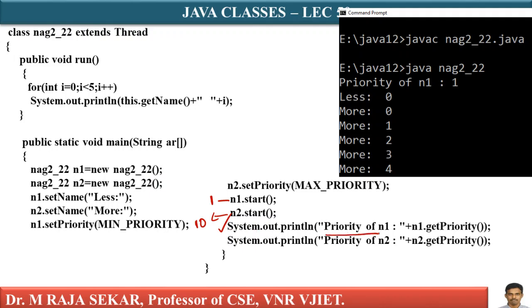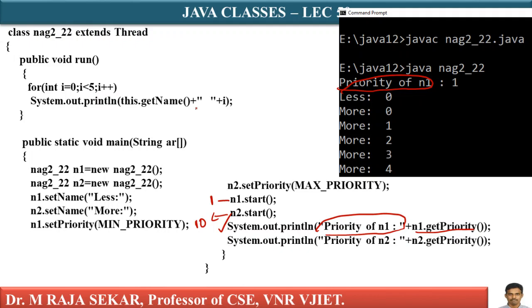System.out.println priority of N1. This is the message. Just see, priority of N1, N1.getPriority. N1.start means it will go to the run method, isn't it? It will go to the run method, i equal to 0, 0 less than 5.